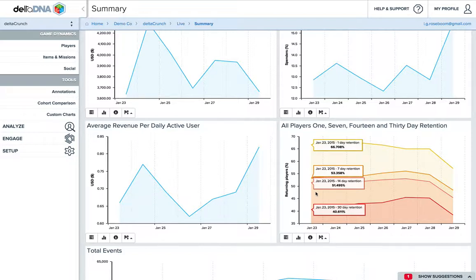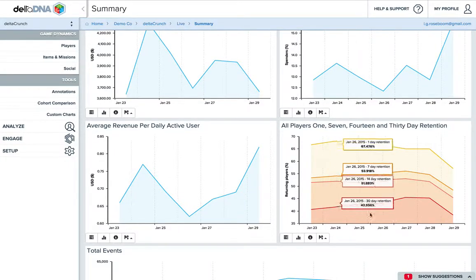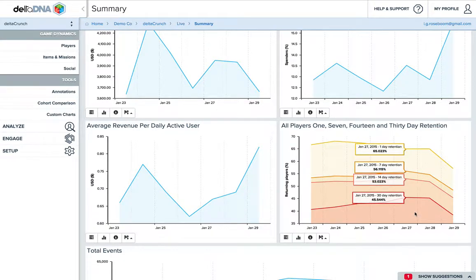Similarly, the 7-day retention is of all the people who played 7 days ago, how many of them played today? And then once you consider these dates, it's that same calculation for any of those dates. So say if you take the 27th of January, the 7-day retention on the 27th of January is the ratio of the people that played on the 27th of January and also on the 20th of January to all the people that played on the 20th of January.